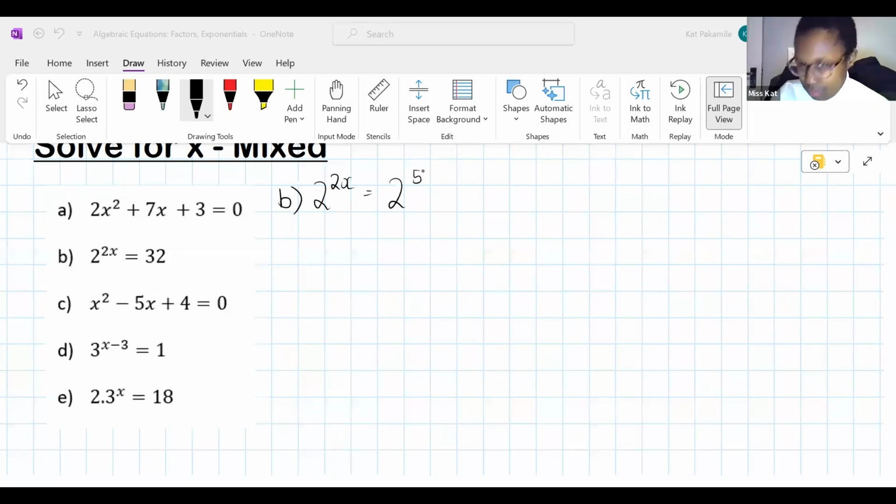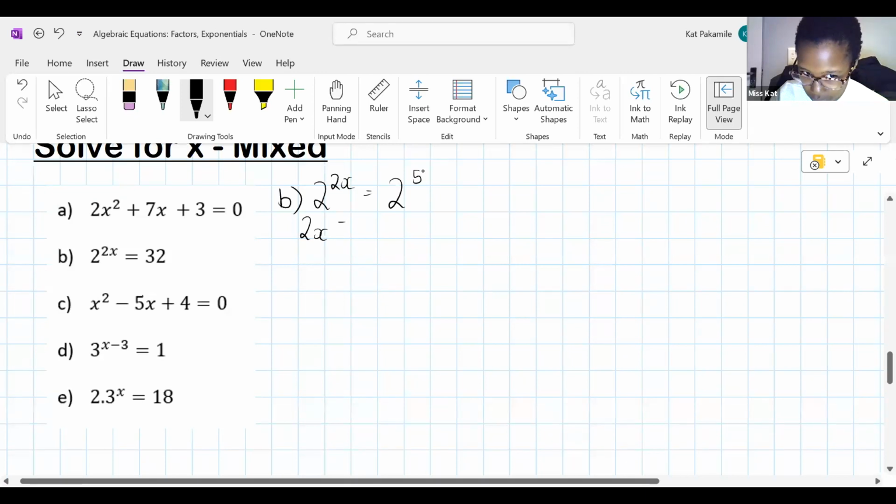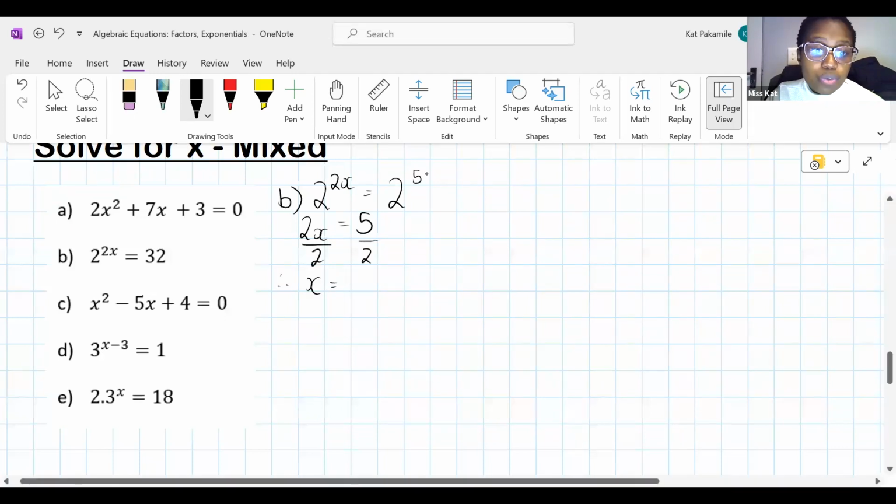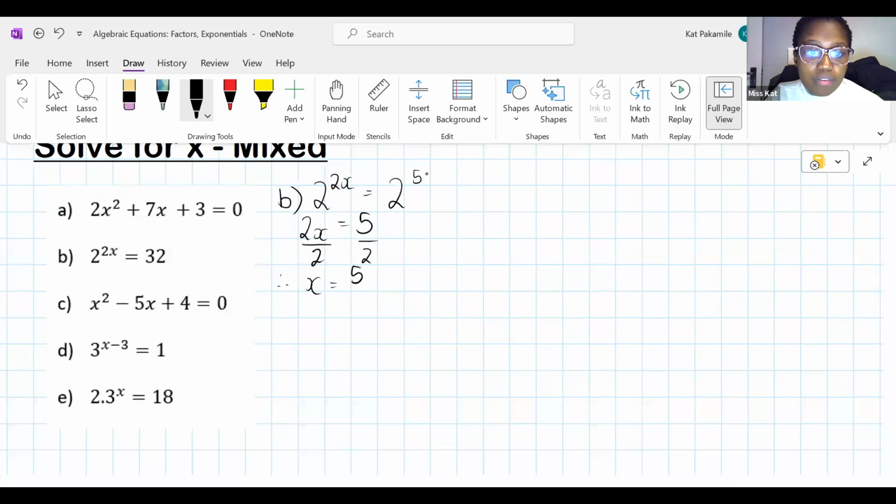Yes, ma'am. So 2x is equal to 5. And then we divide by 2. Therefore, x is equal to 5 over 2. Don't forget that part. 5 over 2. Beautiful. Thank you, Palisa, for cracking the ice.